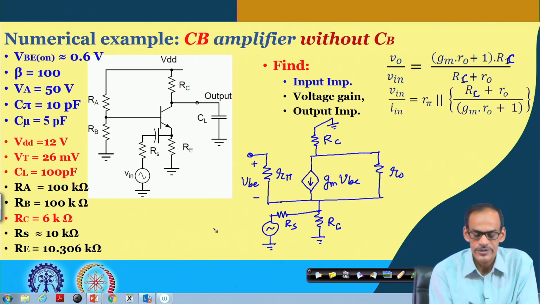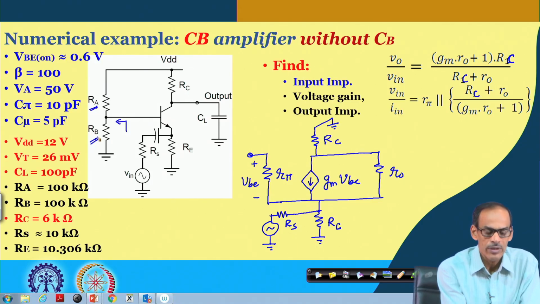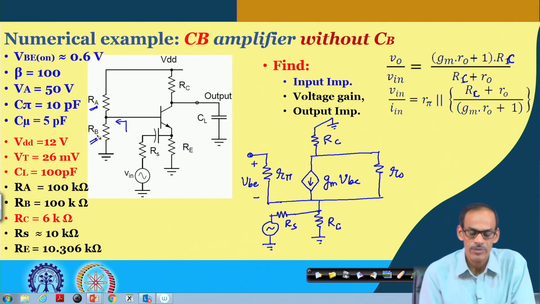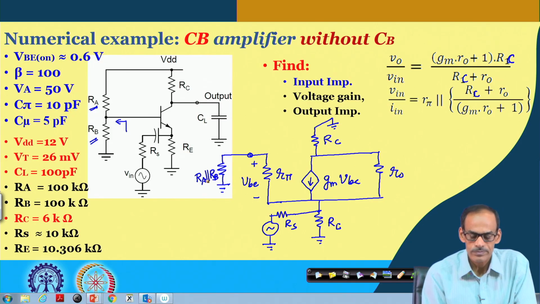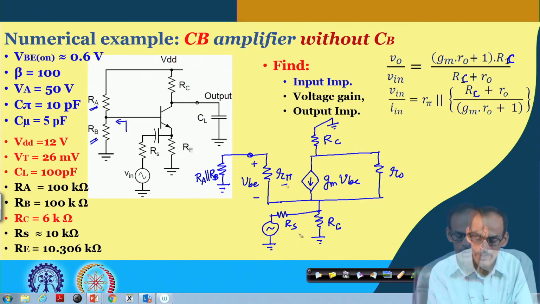Earlier this node was AC ground, but if you look into this circuit, we have RA and RB together, the parallel connection of RA and RB, forming the Thevenin equivalent resistance, and for the small signal we have to consider RA in parallel with RB. But the definition of VBE is still the voltage across this R pi.